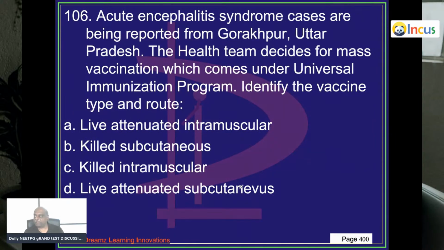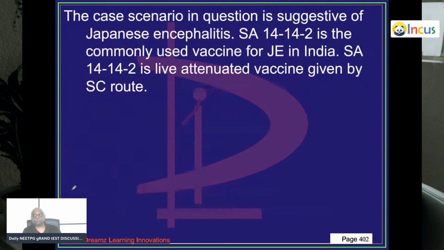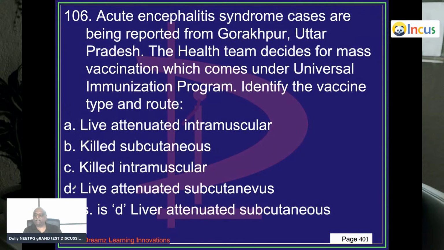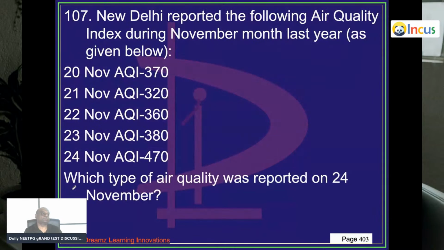So, acute encephalitis syndrome cases are reported in Gorakhpur. The health team decides on mass vaccination, which comes under the universal immunization program. What is that vaccine and what is its route? It is Japanese encephalitis. So, it is a live attenuated subcutaneous vaccine.